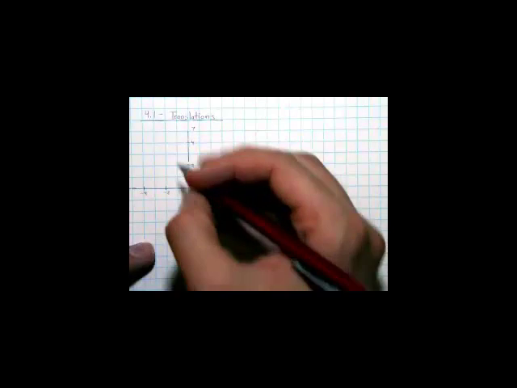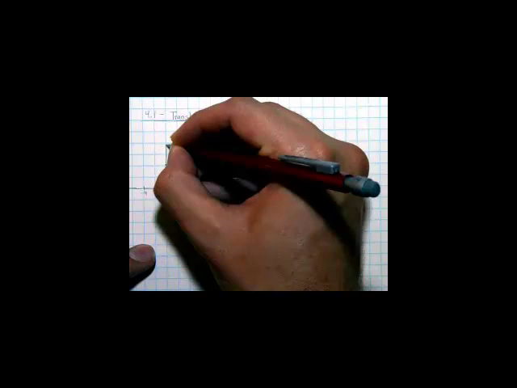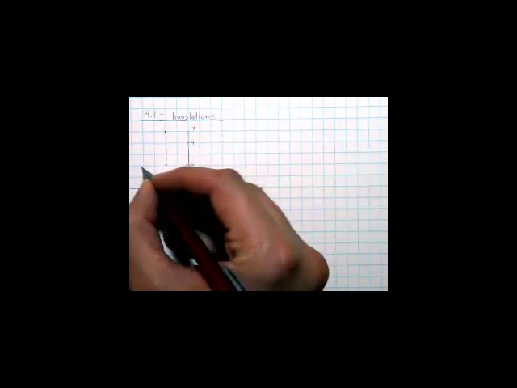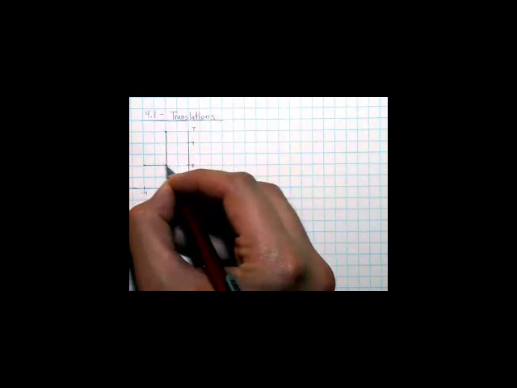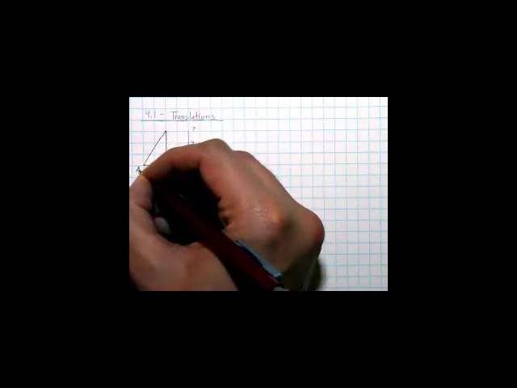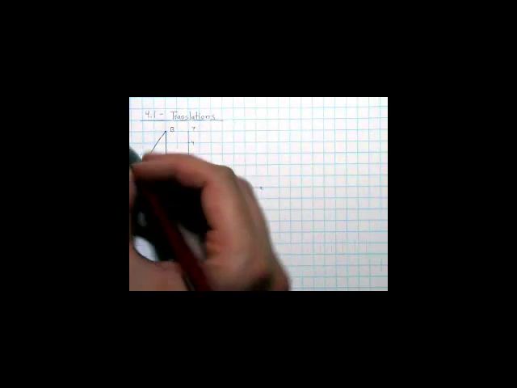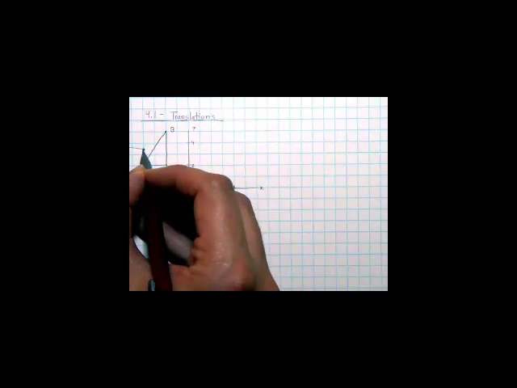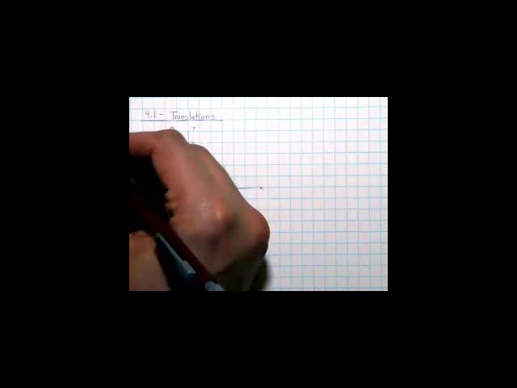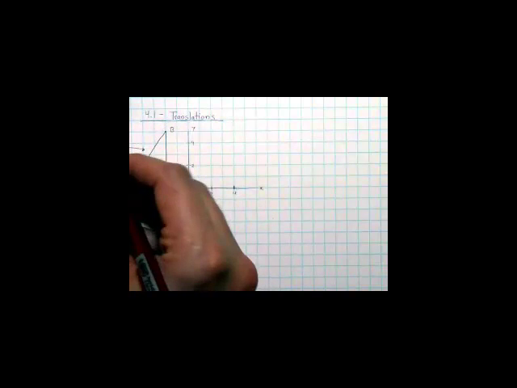Okay, so let's say our pre-image is this triangle. Okay, so that's where we're starting from. Okay, so that's the pre-image.